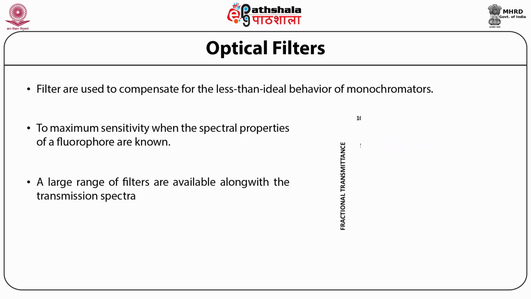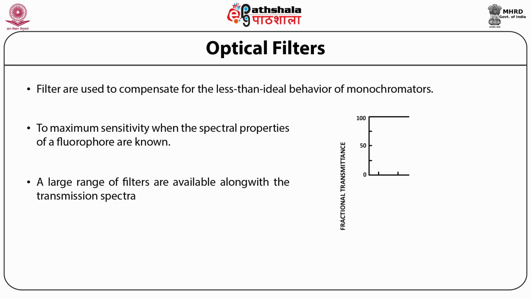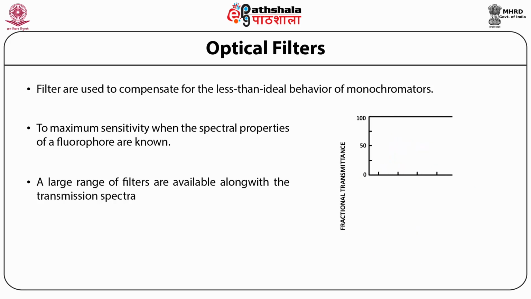On the right-hand side, you can see the spectra of some filters like BG12, BG16, and a range of other color filters: WG305, GG395, 495, 590, RG695. Before the advances in thin film technology, colored glasses were used as filters as they can transmit a range of wavelengths.